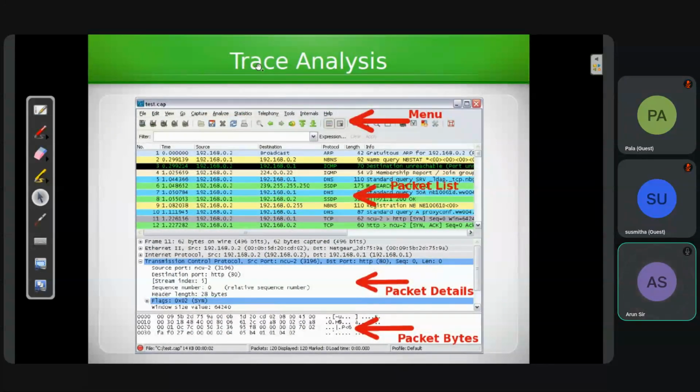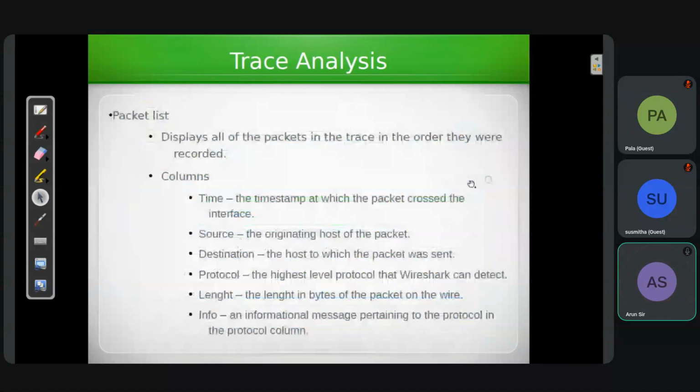So if you want to do some trace analysis, you can just keep on clicking on this, because now this is in recorded form, and you can see the source and destinations, everything, and you can just click and get the list of packets.